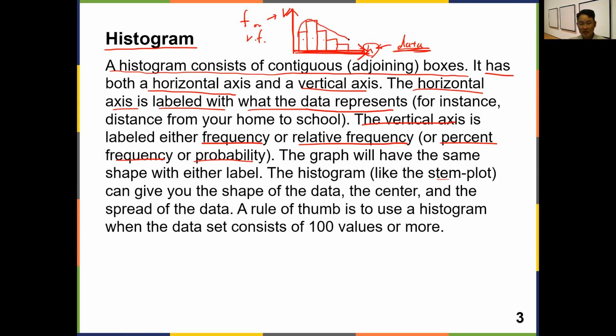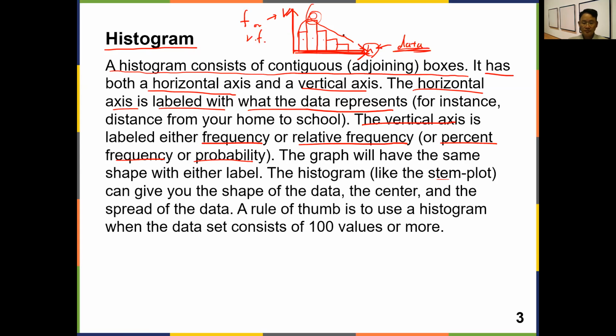It shapes like this, for example, and the center of the data and the spread of the data. If you look at the histogram, then you will know whether this data set is highly concentrated or very spread out, and is concentrated around this area right here, or this other area? You can see right away just by looking at the histogram.